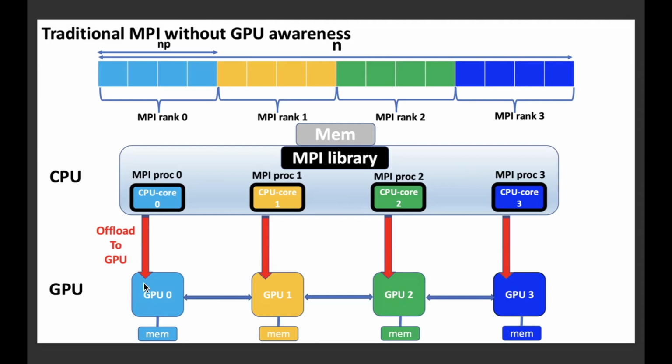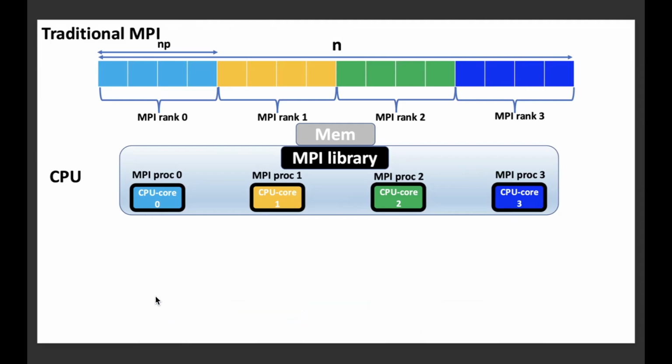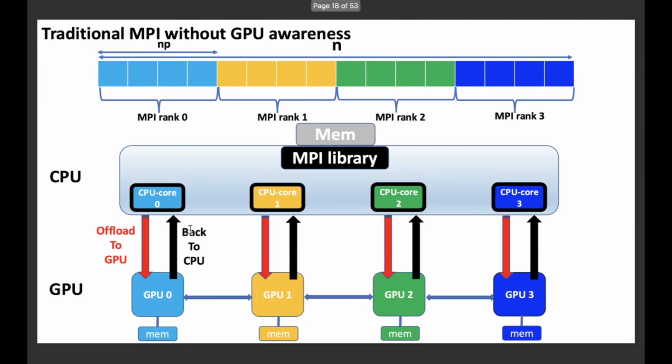The problem with this traditional MPI is that once you offload the data to the GPU and you are doing some computation on the GPU, and you need to run MPI, you have to go back to the CPU and then run different MPI functions.